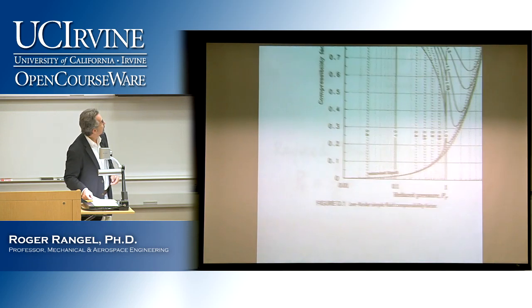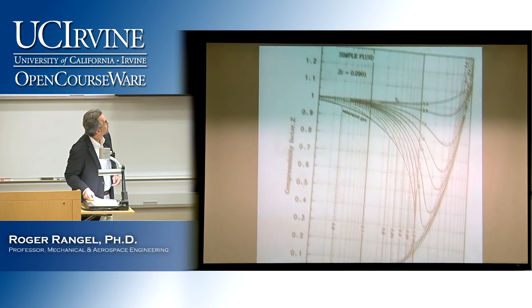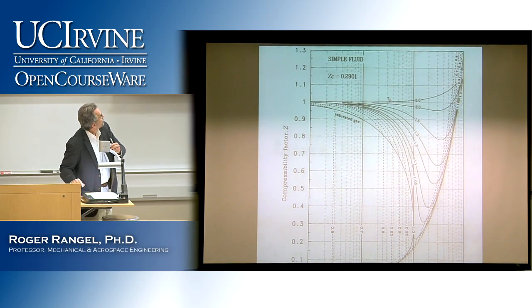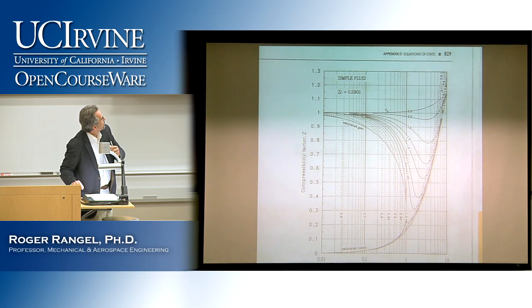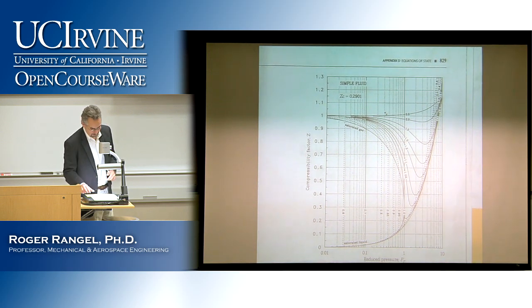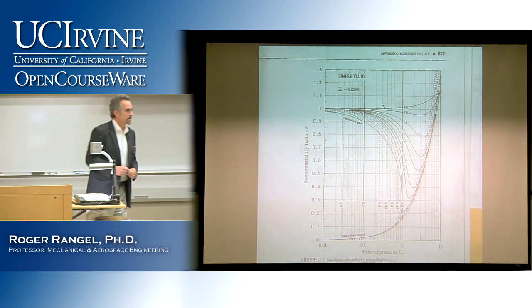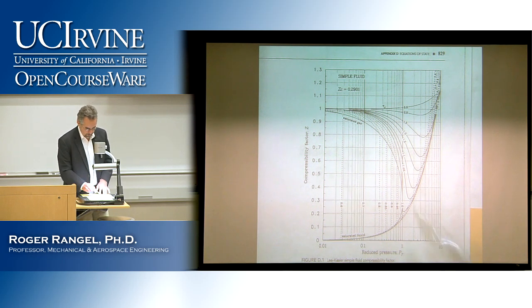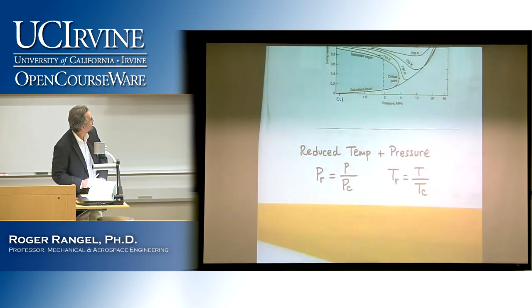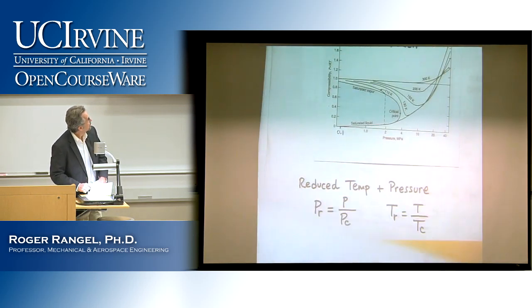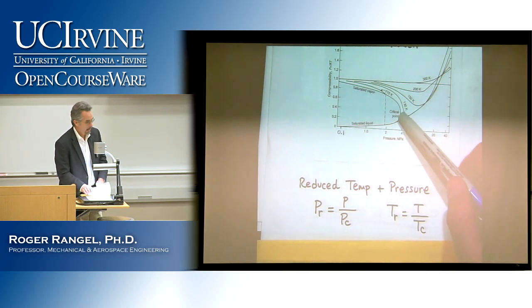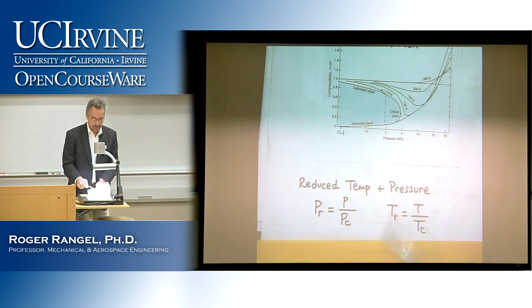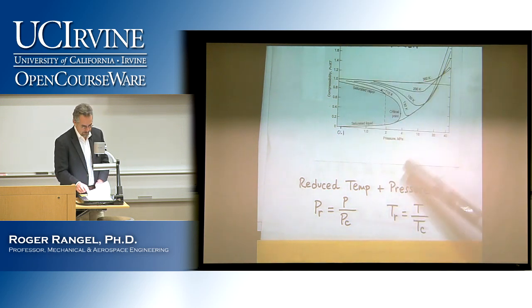So now you can go to a chart like this. It's a little fancier, a little busier, but you have it. It has the same features as the one that we saw for nitrogen. So, by the way, going back to this one, you can see the dome there. This is the dome. It just happens to have that particular look if this is what you're plotting.